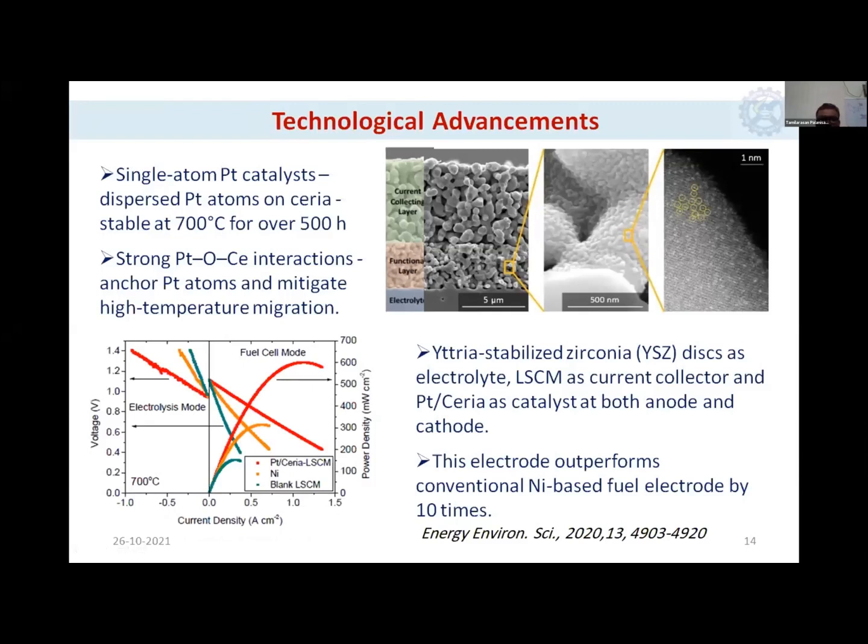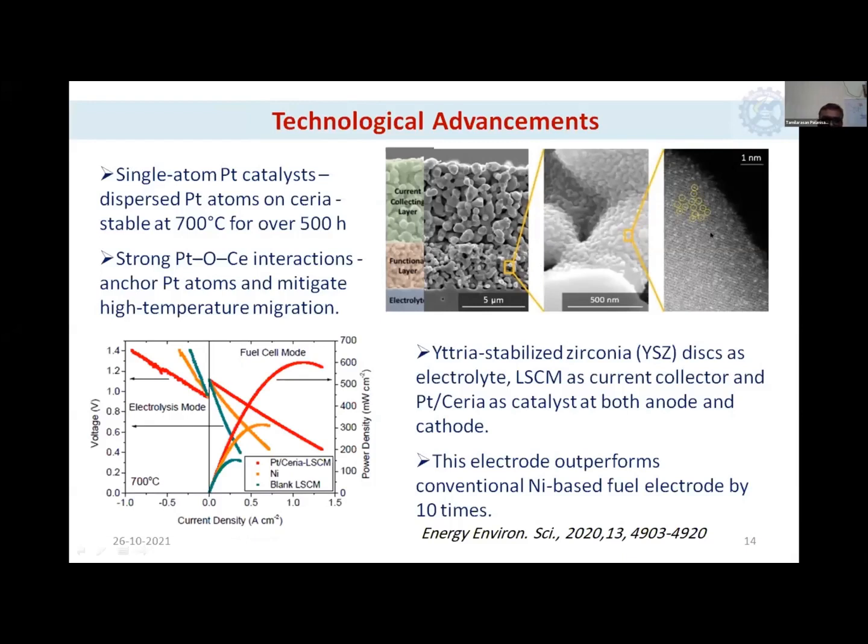Generally, the current collector layers are made up of LSCM. It's a lanthanum, strontium, and chromium doped manganese oxide, which is a well-known high temperature oxide conductor. So if you see here, the circled spots are platinum atoms in the ceria matrix.